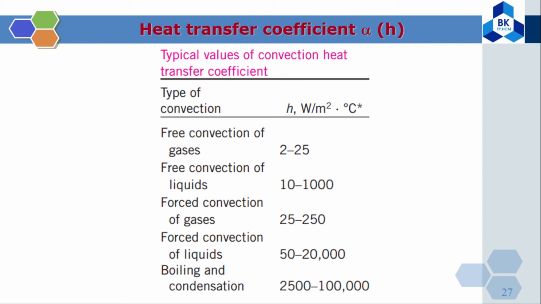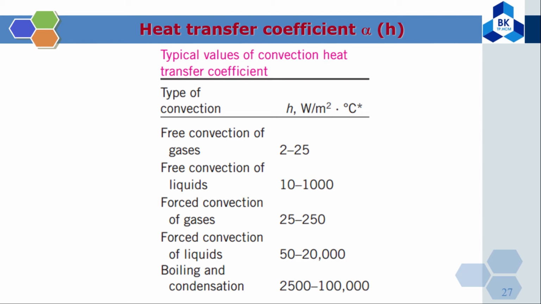And again, here you can see that for free convection, gases have a very low heat transfer coefficient. For example, the H here is only from 2 to 25. For liquids, it's from 10 to 1,000.